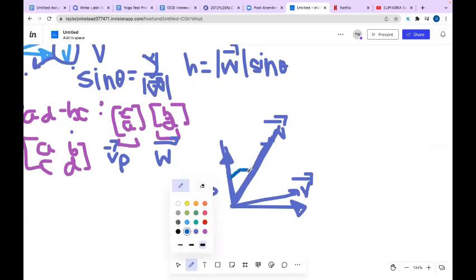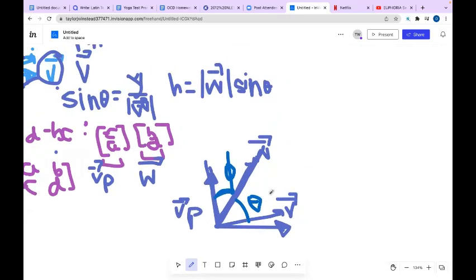Let's figure out the angle in between these things. We're going to call this phi, and we're going to call this theta. To figure out what phi is, well, we know this is 90, in other words, pi over 2. So if we just do pi over 2 minus theta, that would be phi, right? Okay, so we know that.